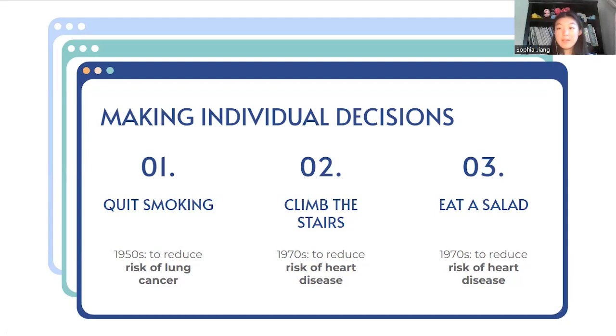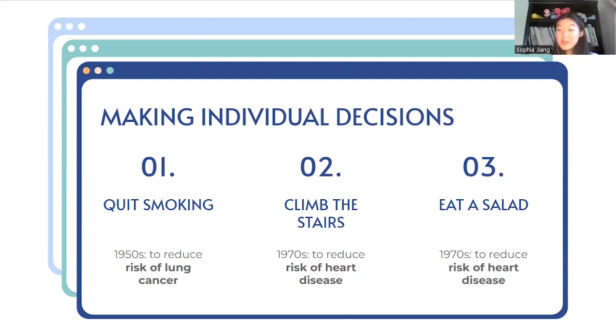Well, in the 1950s, Donald Hill realized that the risk of lung cancer was higher in people who smoke. So you might say, I'm going to quit smoking to reduce the risk of lung cancer. Now, if you choose to climb the stairs, you choose not to take the elevator.